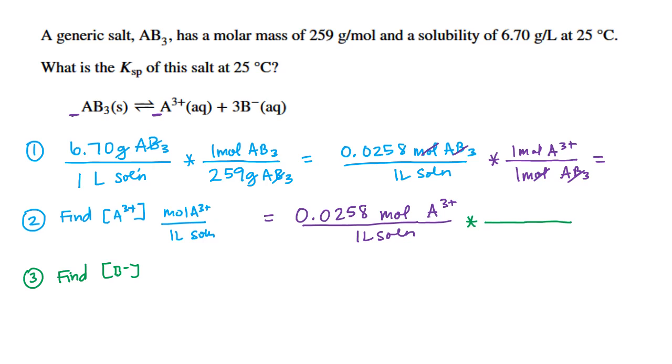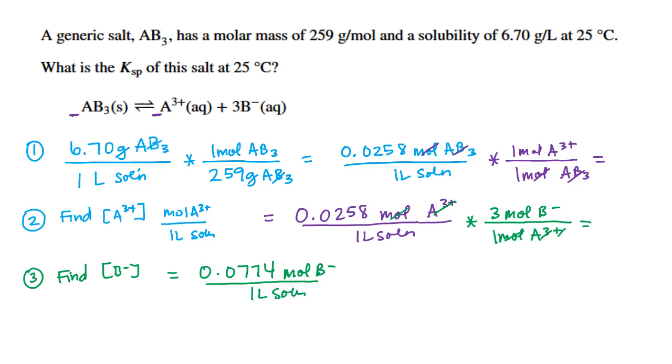I know 1 mole of A3+ equals 3 moles of B-. Moles of A3+ cancel, and I get 0.0258 times 3 moles, which gives me 0.0774 moles of B- divided by liters of solution.